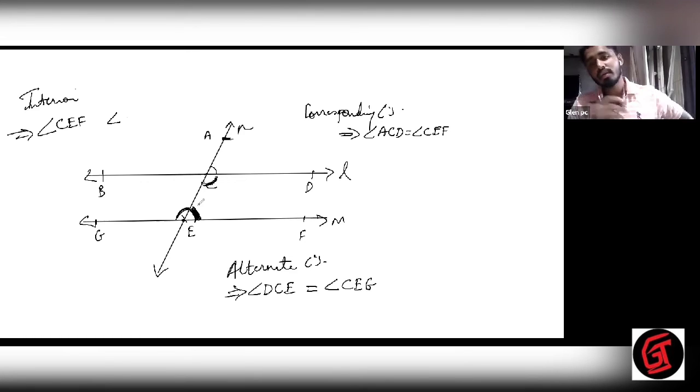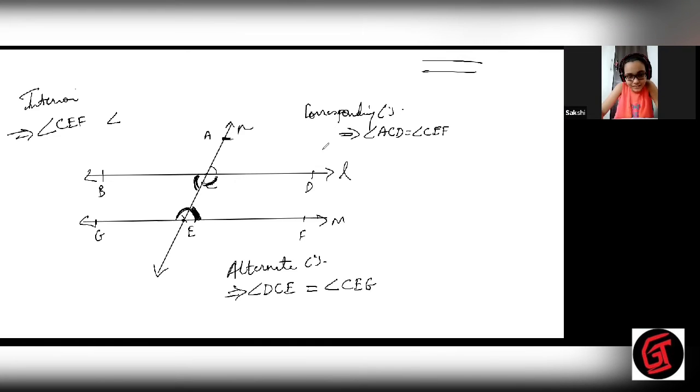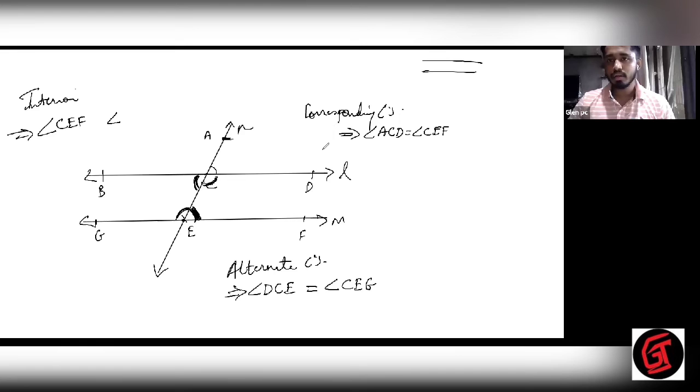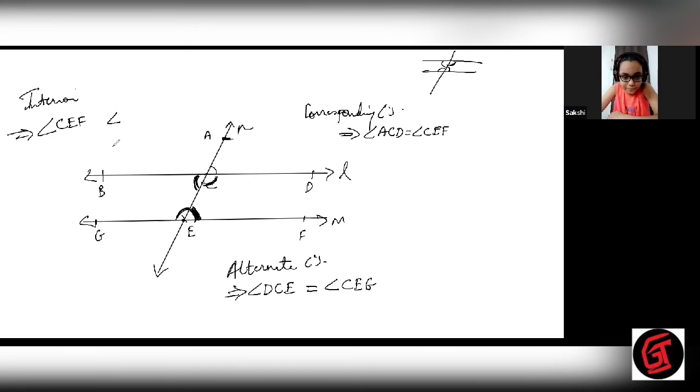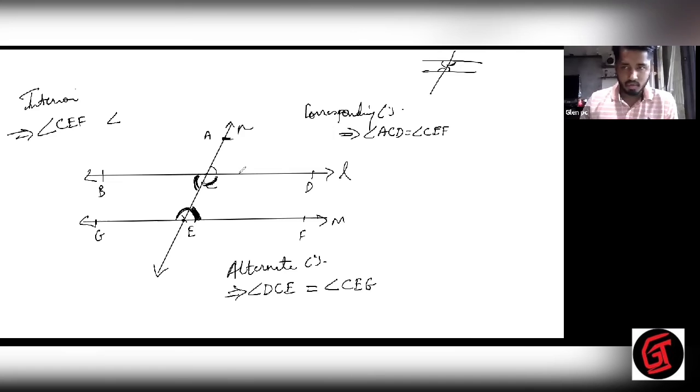DCE, that is the alternate angles. CEF is here. BCE is here. This is Z formation. This is alternate. I want interior. Interior means what? Inside. So inside is which angle? Here, inside. Here also inside. They are interior. Come on. Whatever you know, try it out. No problem. Whatever you know, tell.